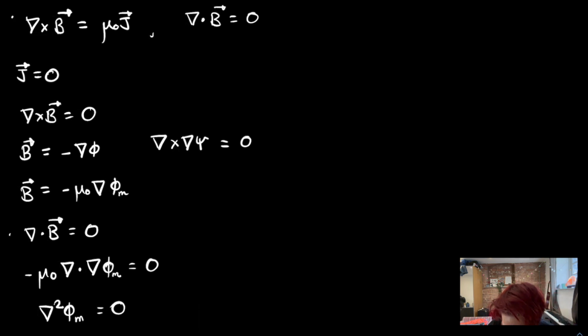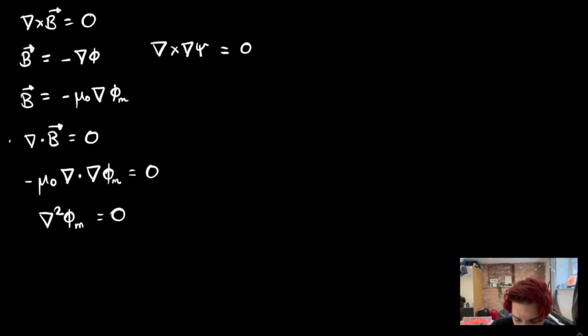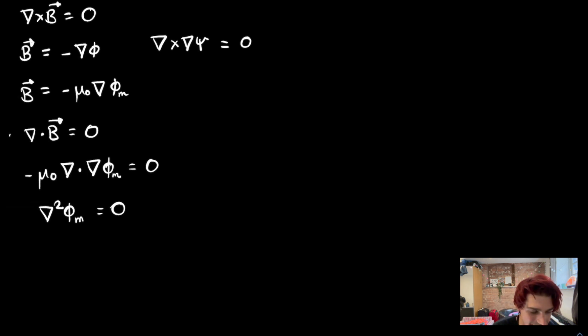So we have another Laplace equation. However, all of this is pretty useless because we've just assumed that J is equal to 0. So that pretty much makes this magnetic scalar potential entirely useless. In electromagnetism, we hardly ever talk about this potential term.